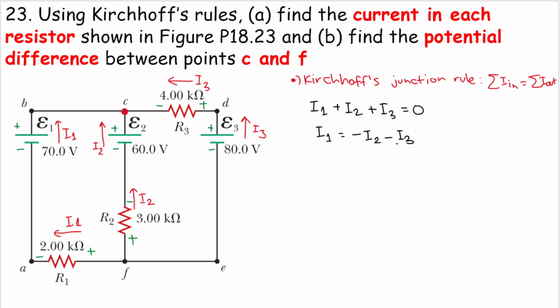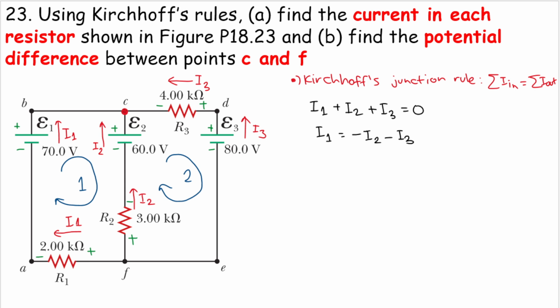Good. Now let's see what we can have here from this loop. Okay, now let's name this loop here. Let's use this loop here as loop 1, and this loop here is loop 2.